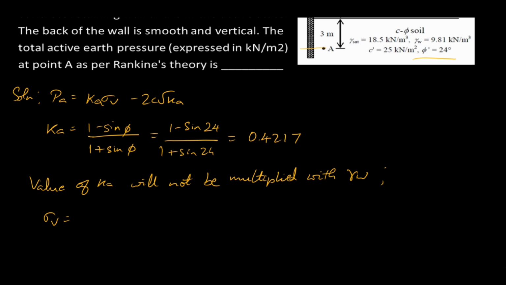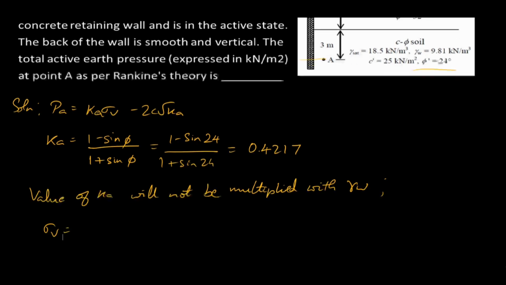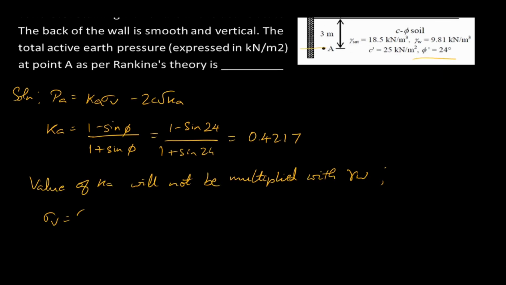So sigma V will be equal to 1 into gamma B plus 4 into gamma sat plus 3 into gamma sat.